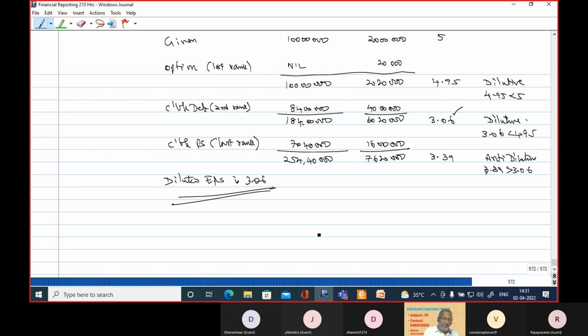So what had happened is that before it was 5, then it came to 4.95, a sharp decline. 3.39 is not the lowest; the bottom is 3.06.